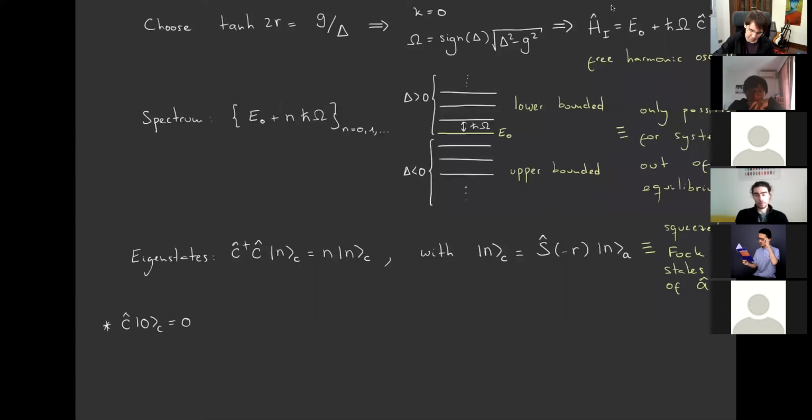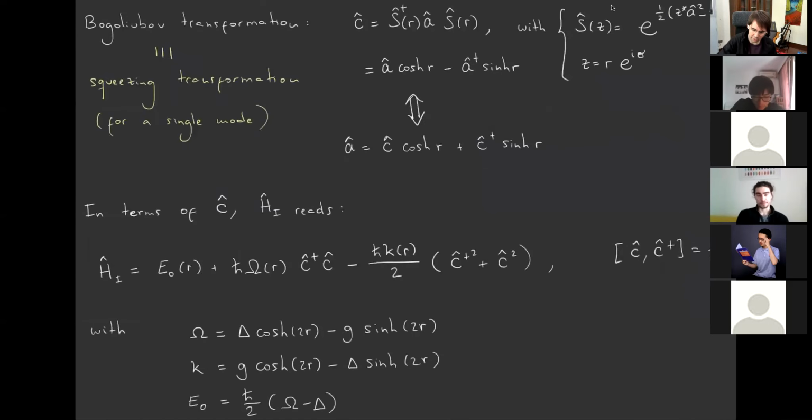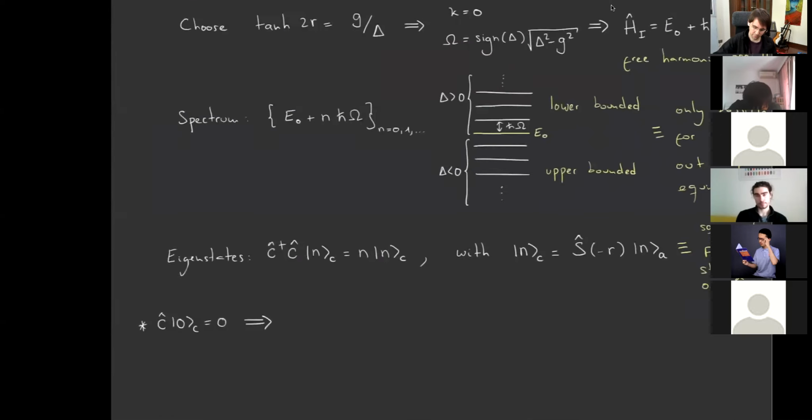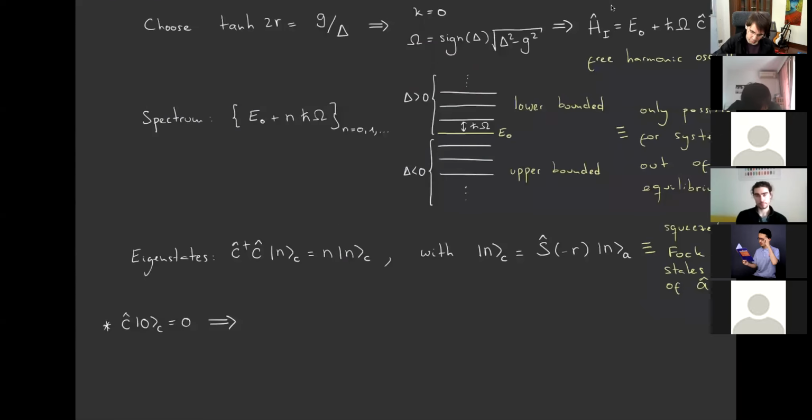But now I can just use the definition of C. I remind you that C is nothing but, you see here, just S dagger A S. And therefore, what I get in here is S dagger of R, A S of R acting on the vacuum state of the Bogoliubov modes equal to 0.